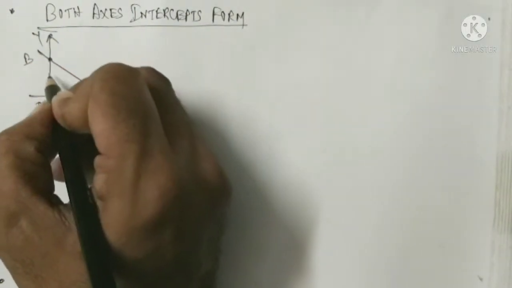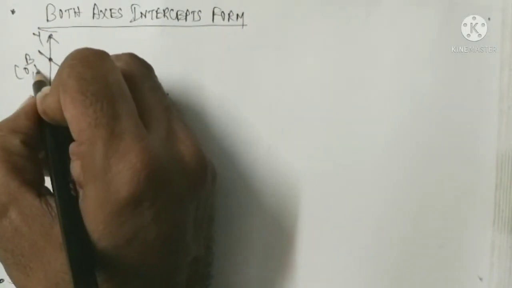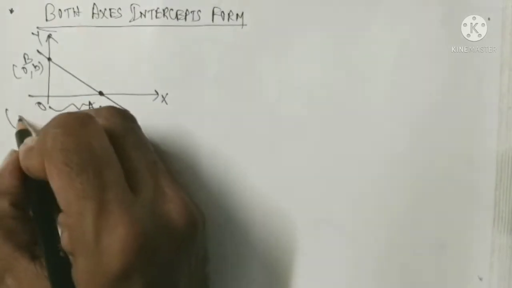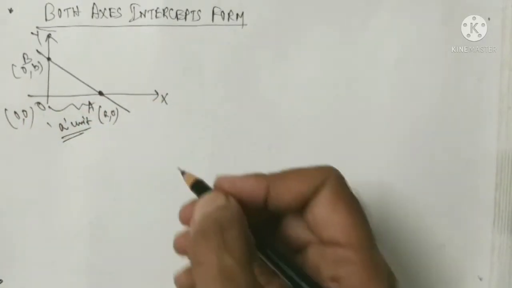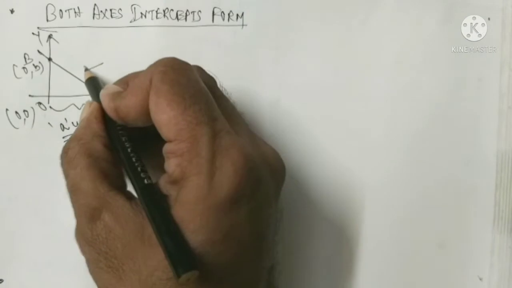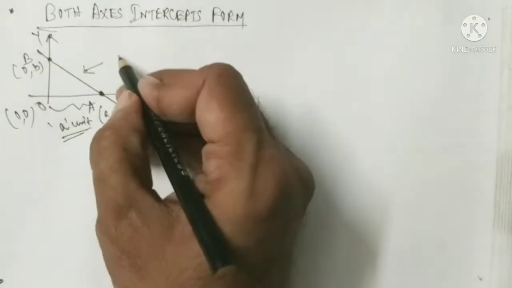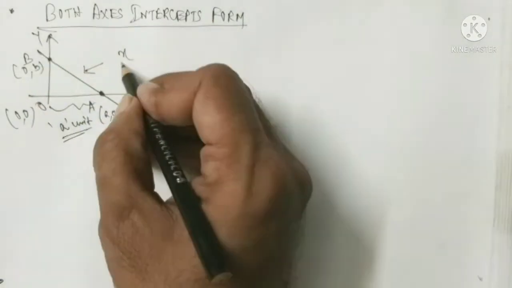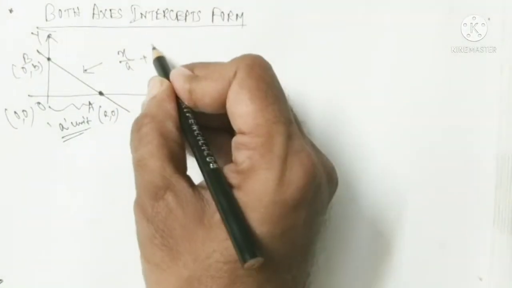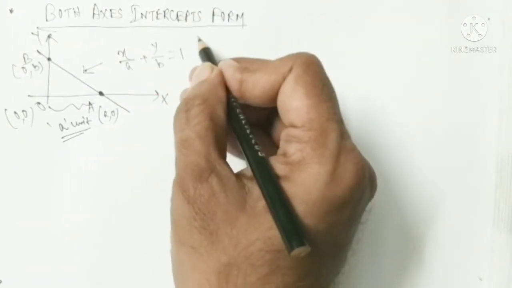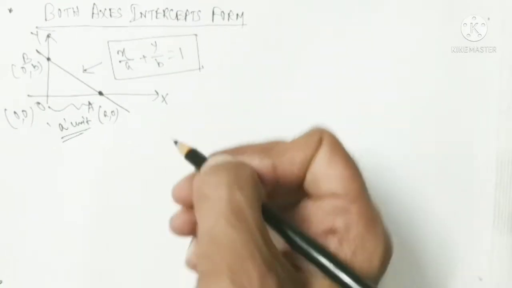This is point B. Along the y-axis we know that all x's are 0, and this is the (0, 0) point. Now the equation of this line is x/a + y/b = 1. This is the standard form.